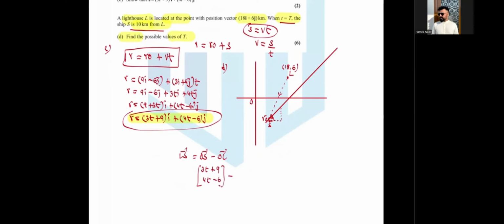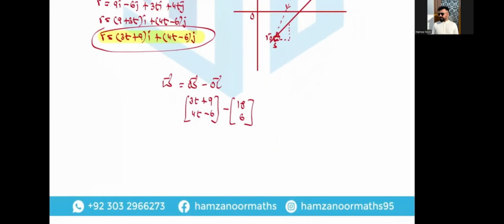From this I'm going to subtract the position vector of the lighthouse, which is (18, 6). When we simplify this vector, the i component turns out to be 3t minus 9 and the j component is 4t minus 12. This is the displacement vector LS.